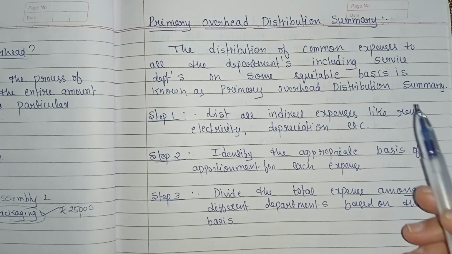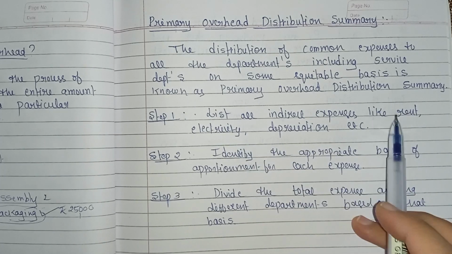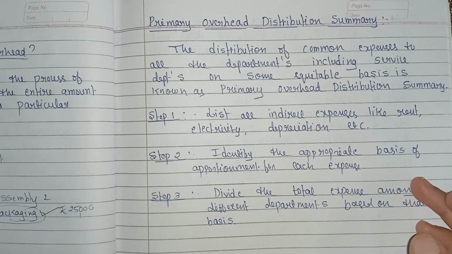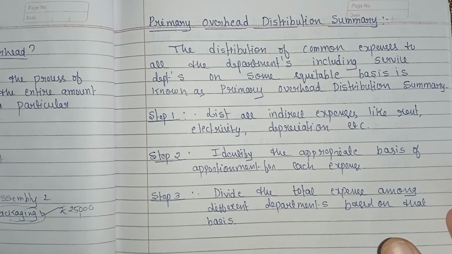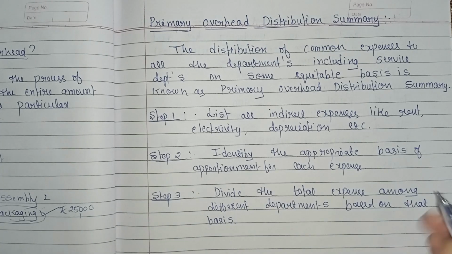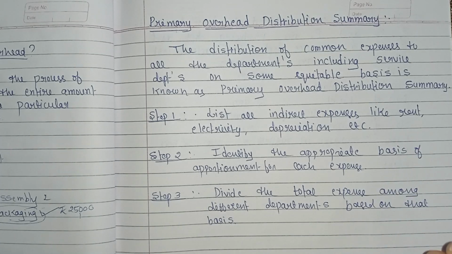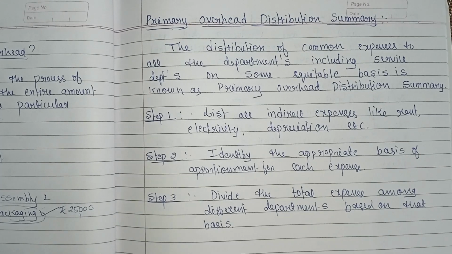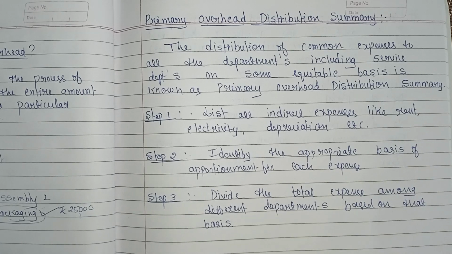See, in this primary overhead distribution summary, the first step is to list all indirect expenses like rent, electricity, depreciation, etc. First we need to list all the common expenses. The second step is to identify the appropriate basis of apportionment for each expense. Clear? The third step is to divide the total expense among different departments based on that basis.